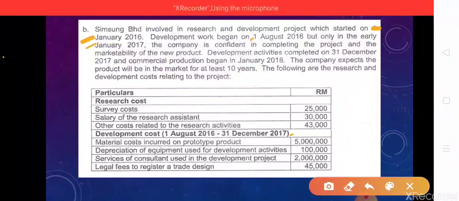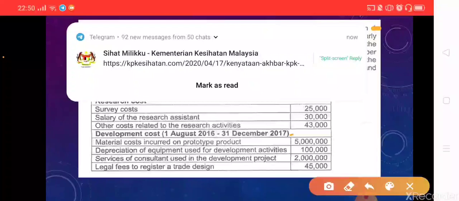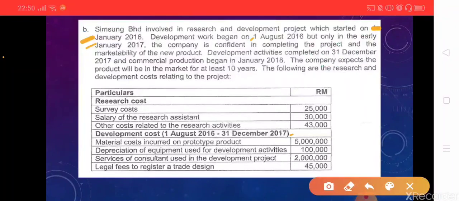Right, so material cost incurred on prototype product is 5 million. Depreciation of equipment used for development activities, 100,000. Services of consultant used in the development project, 2 million, right? And legal fees to register a trade design is 45,000.